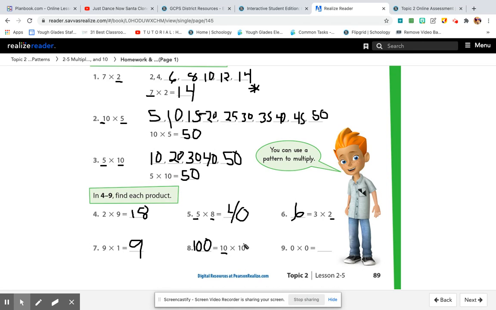In this case, I took that 10, I plopped it in the hundreds and tens place, and then added a 0 to the ones place. All you have to do is take the factor you're multiplying by 10, plop it in, and then add a 0 to the ones place, and that will give you your answer. Or you could have skip counted. 0 times 0, that follows the 0 property rule, meaning anything times 0 is 0.